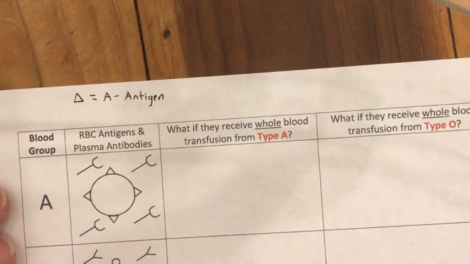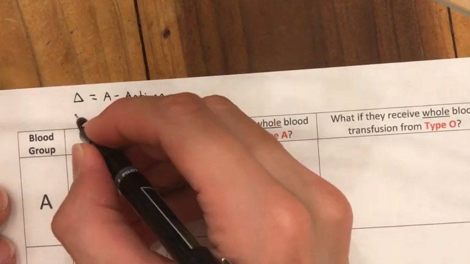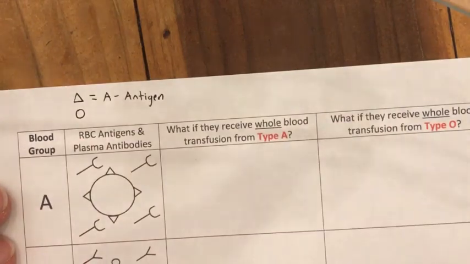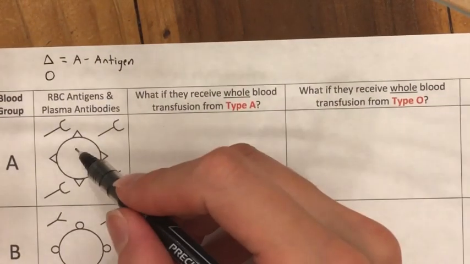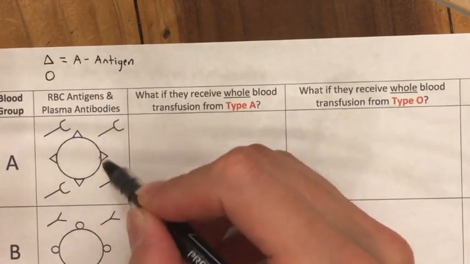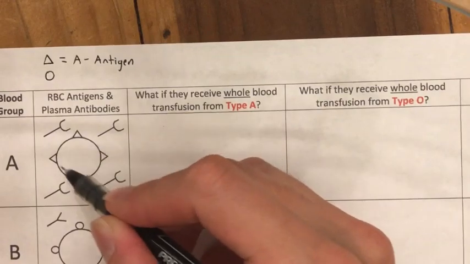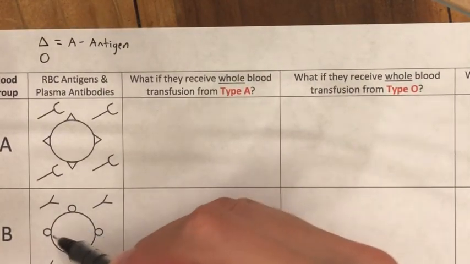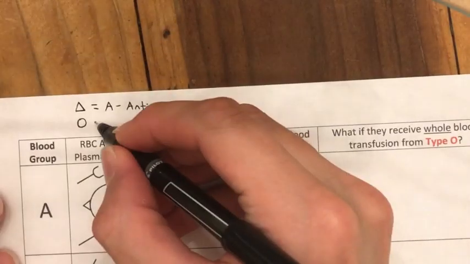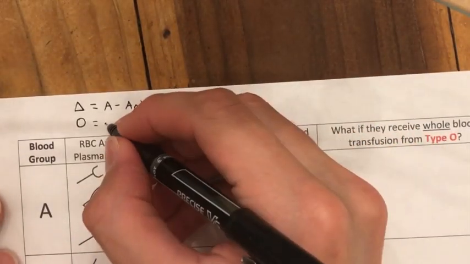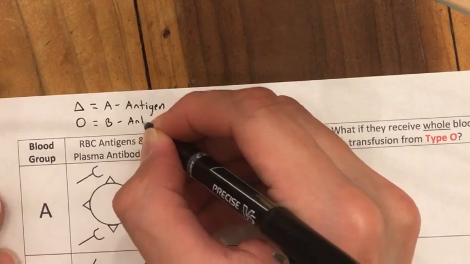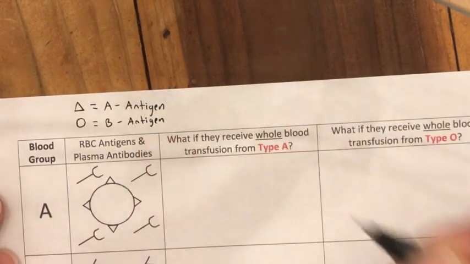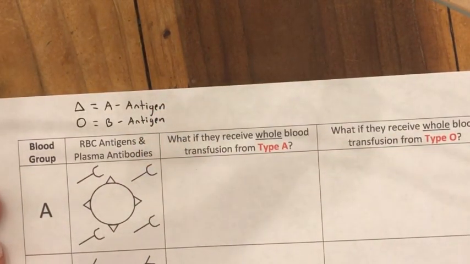The other antigen that we're going to be spending a lot of time on are the ones that are shaped like circles. And no, not this circle, because that's the red blood cell membrane, but this circle. Those smaller circles are going to be called B antigens. Those are the two main ones we're going to be discussing today.